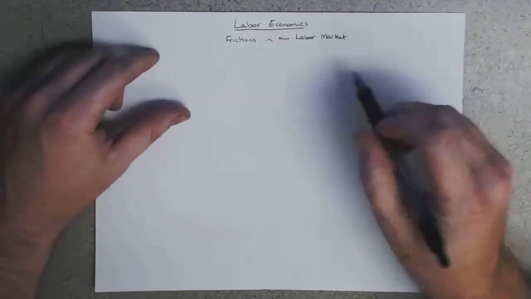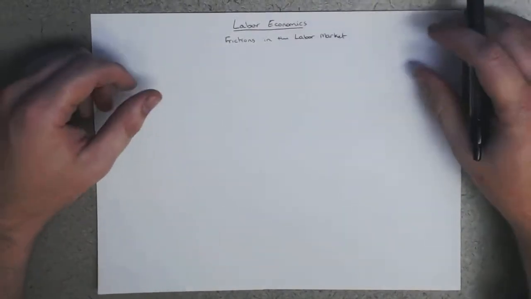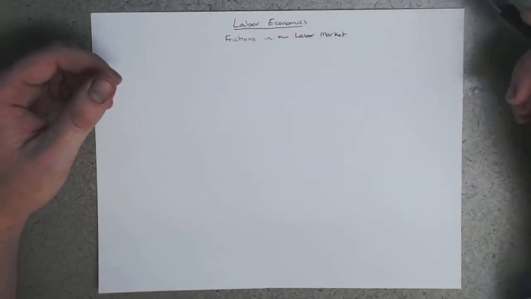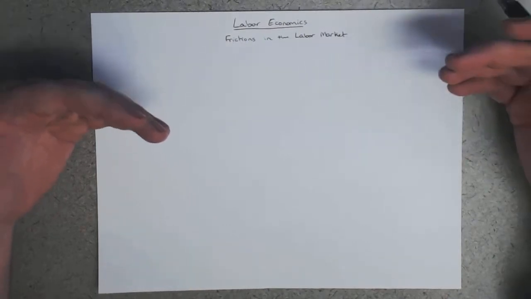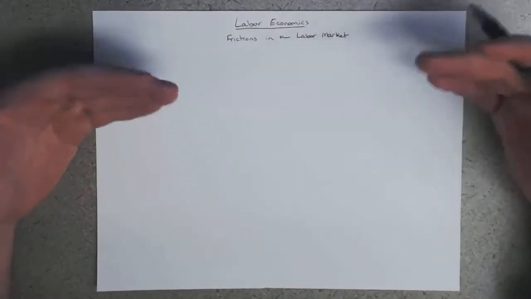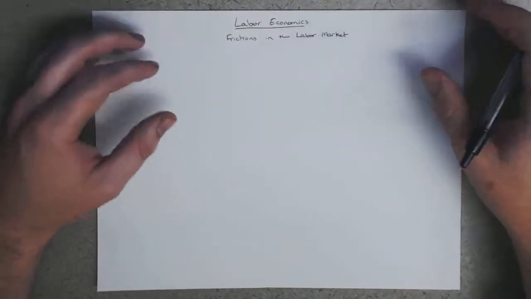Another reason why these frictions in the labor market are getting more emphasis is that the 2010 Nobel Prize in Economics was awarded to three people for their work on markets with what we call search frictions, which are basically the frictions related to searching for or matching buyers and sellers.